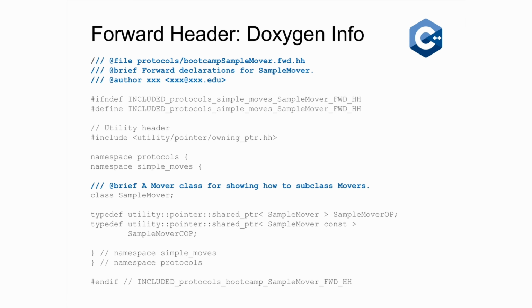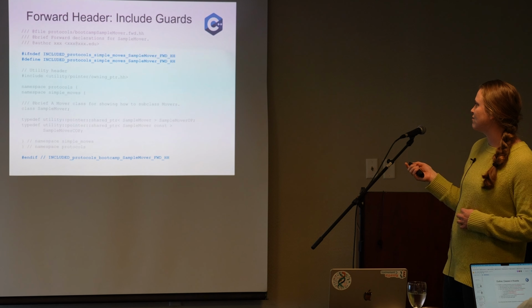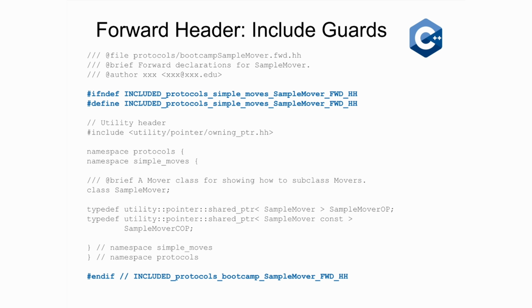like, this is another Doxygen comment. Also for your forward header, you're going to have include guards to make sure that you don't have any circular inclusions, where if this is already included, then it doesn't get included again. So you have these ifndef, your pound define, and then the endif.